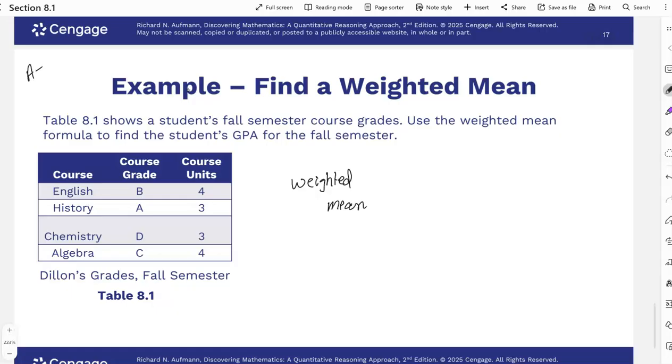So at most colleges, A's are going to earn 4 GPA credits. B's are 3, C's are 2, D's are 1. And then if you make an F, it's a 0.